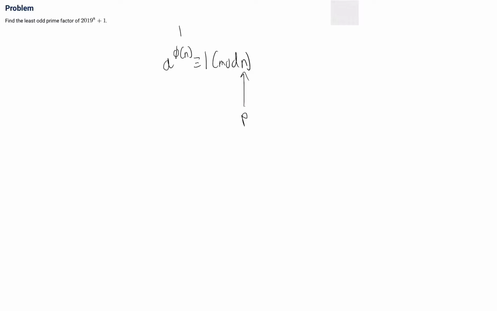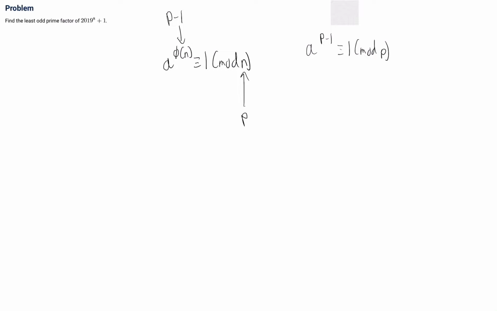Then phi of n would just be p minus 1, because that's the number of positive integers less than p that are relatively prime. So that's p minus 1. So Fermat's little theorem states that a to the power of p minus 1 is 1 mod p. And Euler's theorem is a generalization of Fermat's.